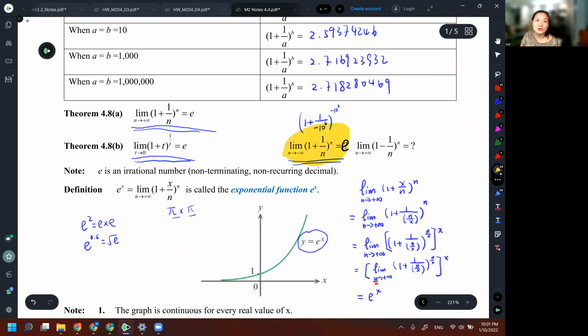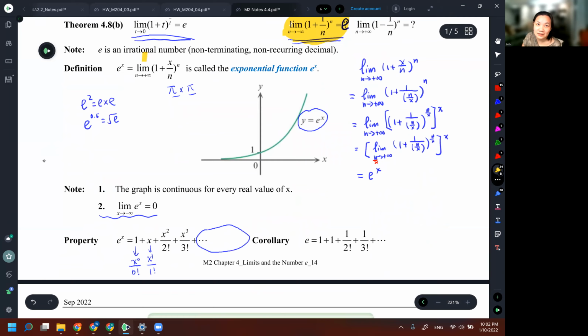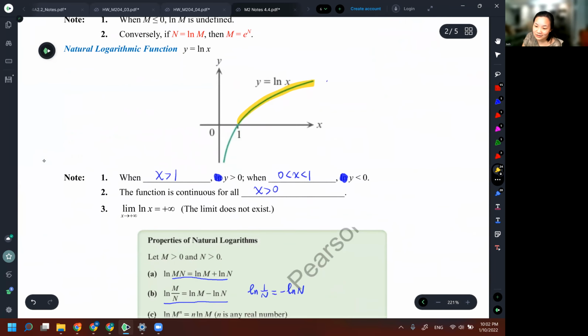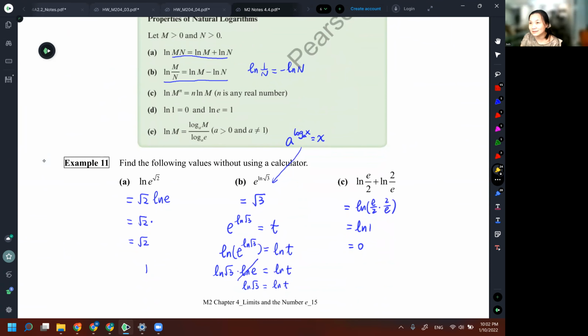The limit is equal to E. Now, 3 of them are all used as definitions of E. And then there is a whole part about E as an irrational number. And in the case of exponential function and the log, the base, you can often see some E sometimes.